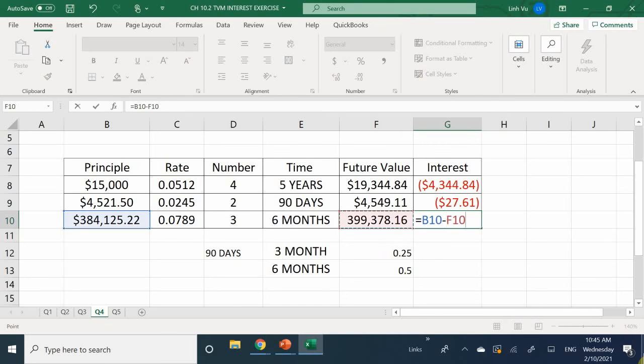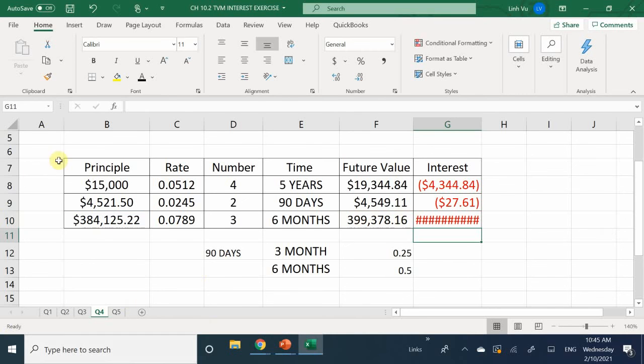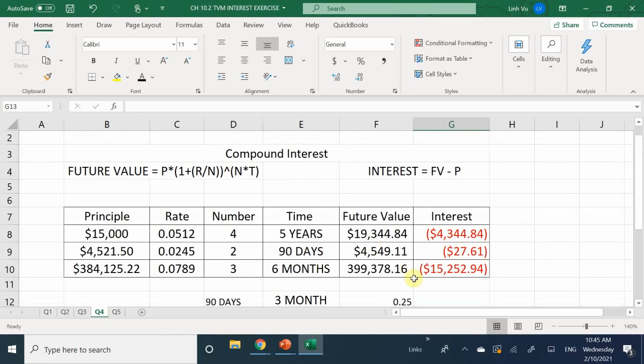Or how much interest did you actually accrue? 15,252.94. 15,252.94. Yes. Good job. All right.